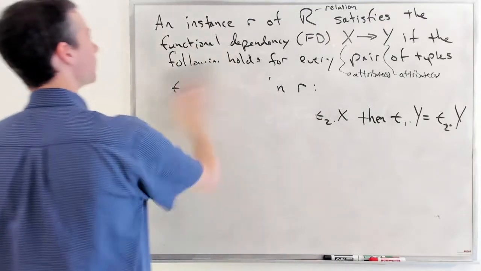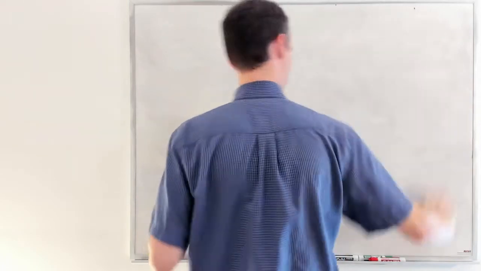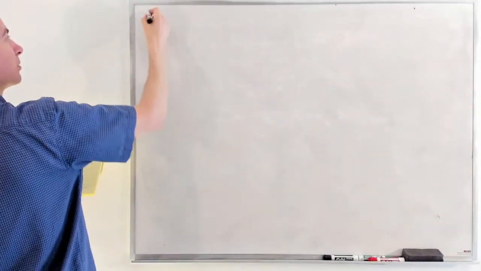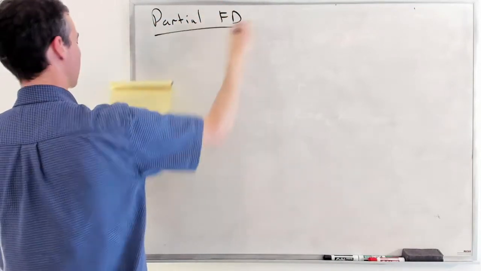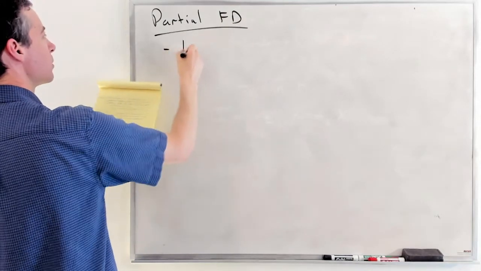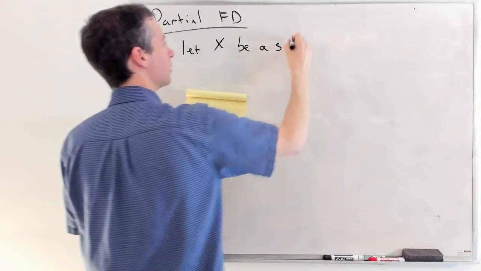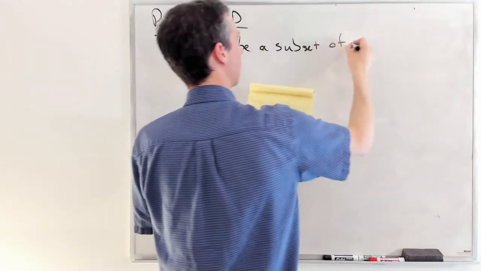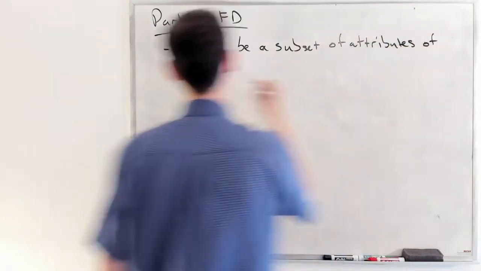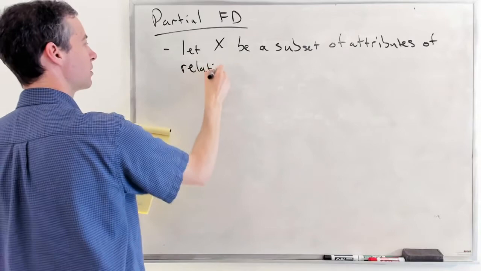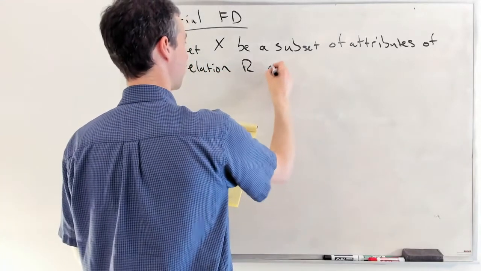The first type of functional dependency to consider is known as a partial functional dependency. Basically, we let X be a subset of attributes of relation R. We'll use this X and A and R throughout all of our examples.